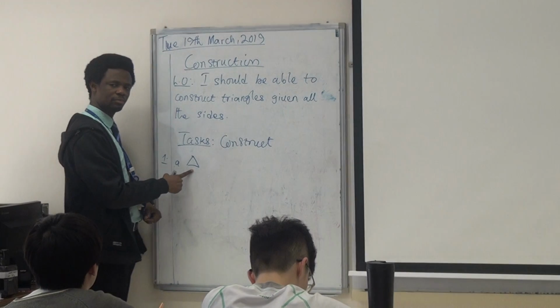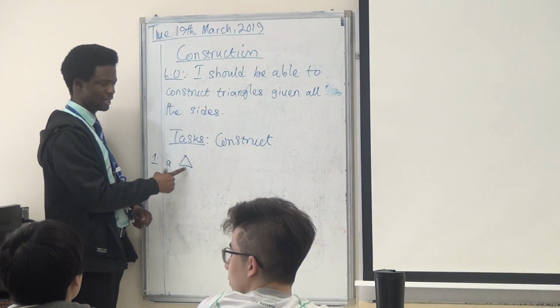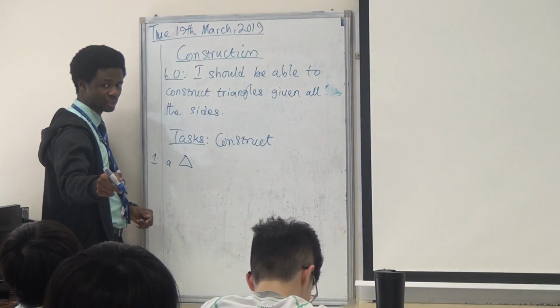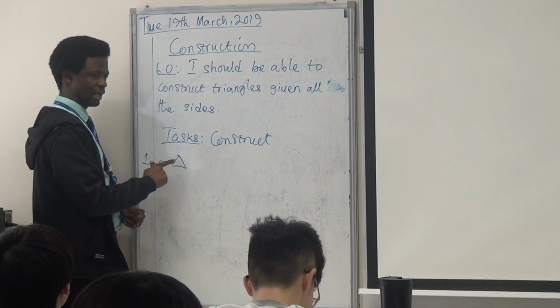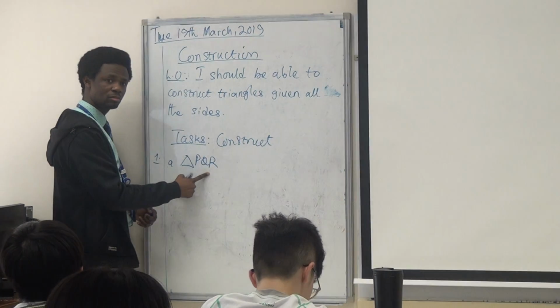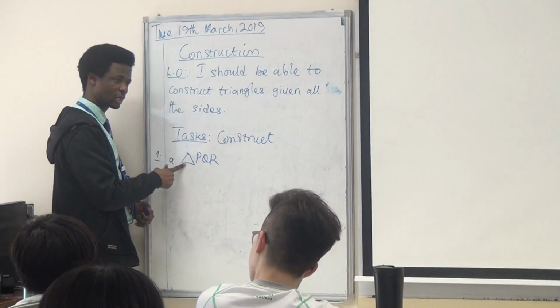What does this symbol mean? Triangle. That's delta, you're right. And it means triangle. But when I write it like this, it means triangle PQR. So you're right, it's a delta. Delta is the fourth Greek letter.